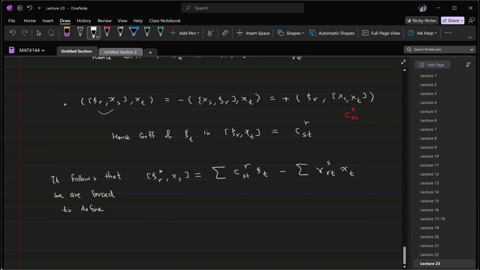Okay? So if there was such a Lie bracket, it should be this one. If there was such an invariant Lie bracket on G plus G star, it should have been this one.